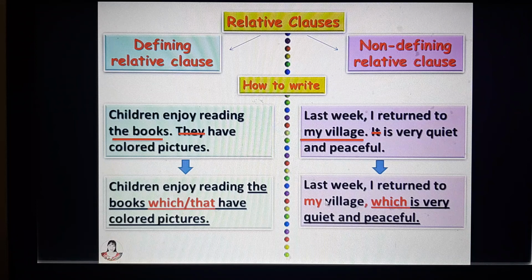So we can write, last week I returned to my village, comma, which is very quiet and peaceful. Which is very quiet and peaceful is a non-defining relative clause. It stands behind my village. We underline before.